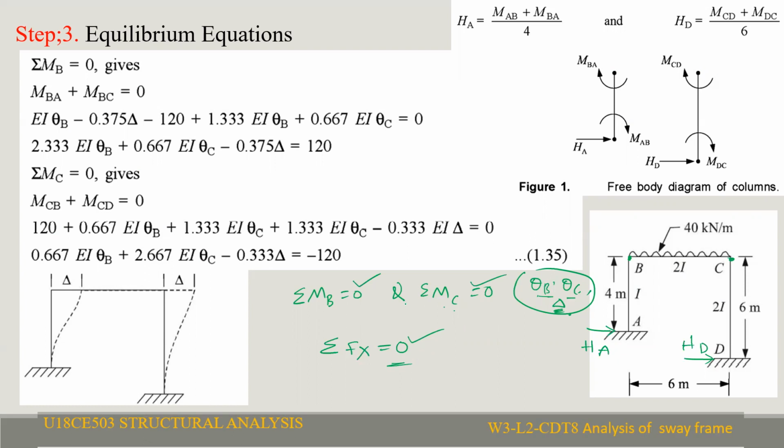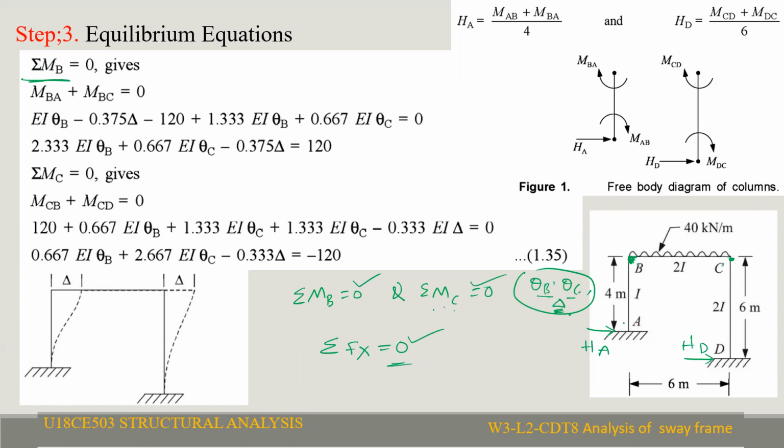First, let us see the summation of moments at B equal to 0. At joint B, the BC member as well as the BA member are meeting.